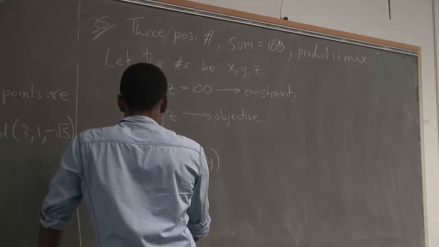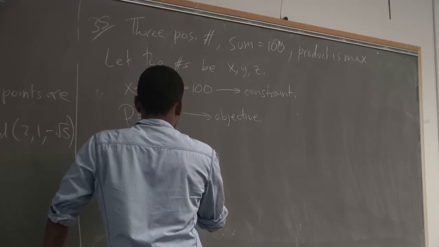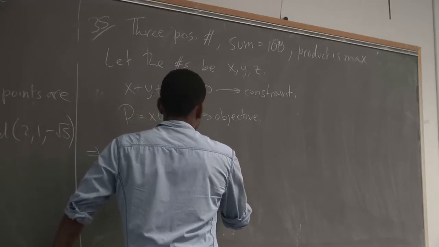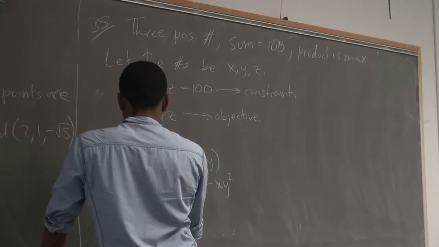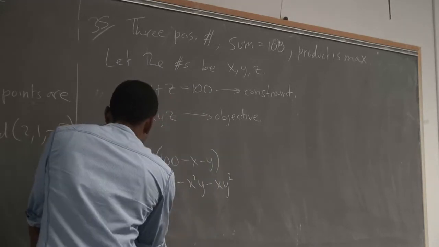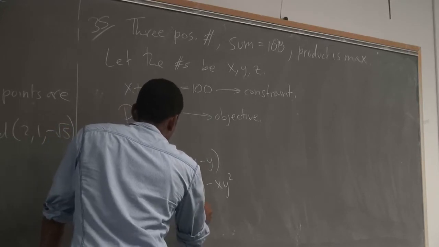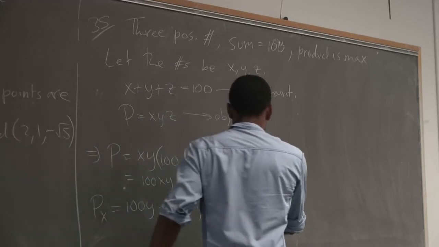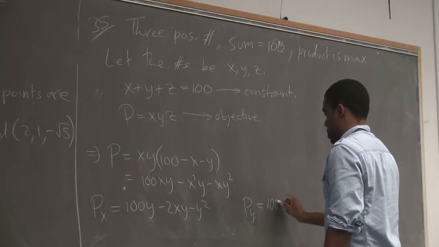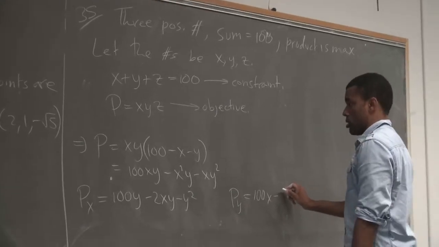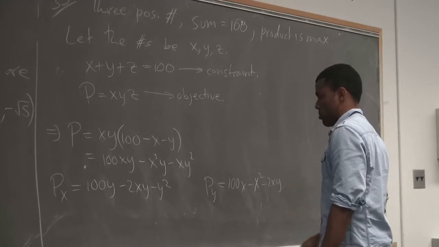So p is equal to 100xy minus x squared y minus xy squared. Find partial with respect to x, that's 100y minus 2xy minus y squared. Partial with respect to y, 100x minus x squared minus 2xy.